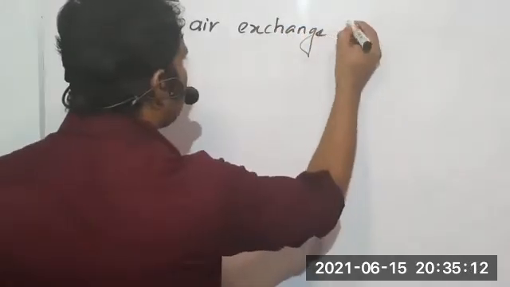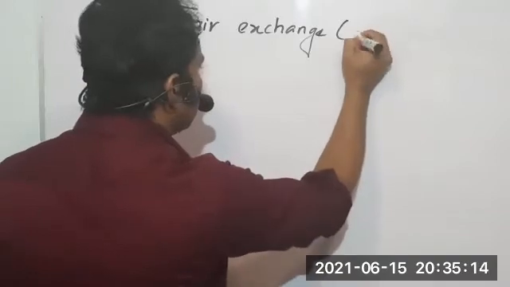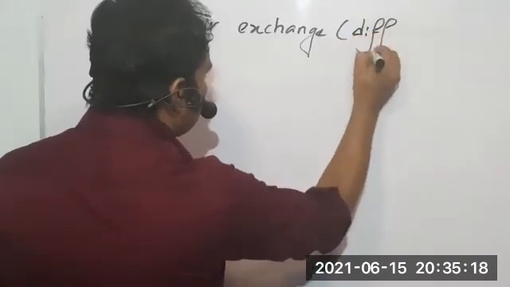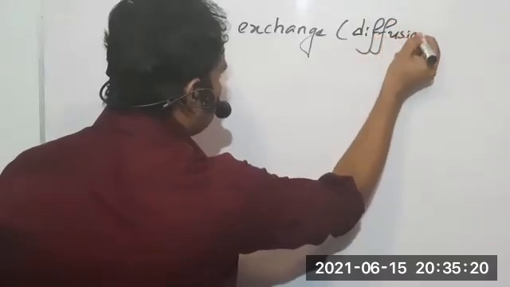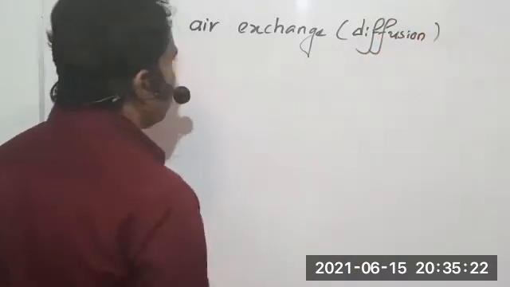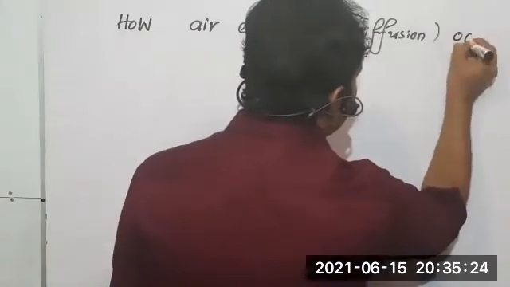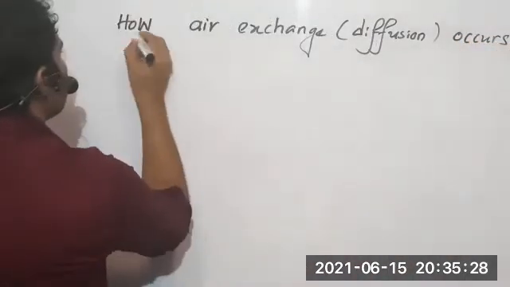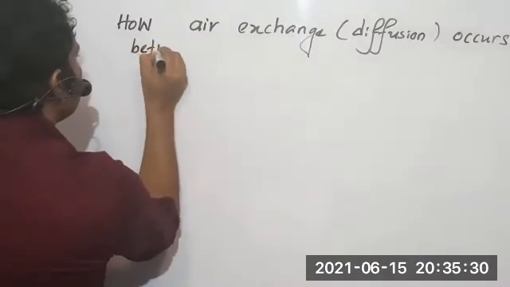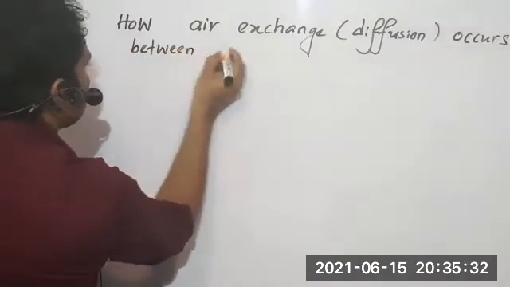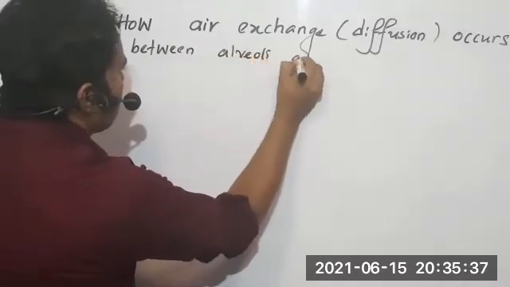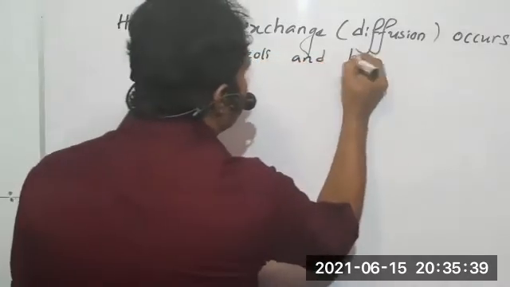Actually, the process that happens here is diffusion. How the gaseous exchange occurs between alveoli and blood capillaries.